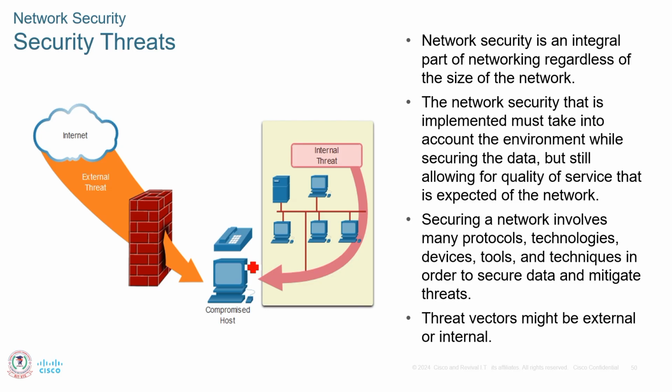Furthermore, for the internal threat, you have to carry out what we call awareness training first, to create awareness for the employees on how to create and manage a secure environment.